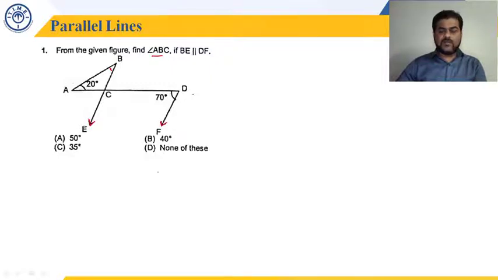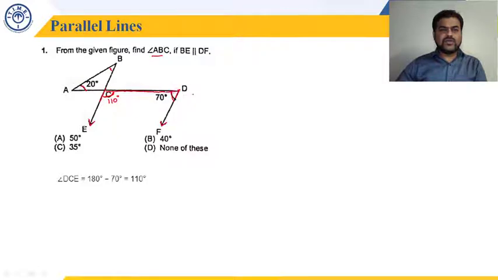Okay, fine. So they have given you some angle. This angle is 70 degree and this angle is 20 degree. So angle DCE, DCE means this angle. This angle will be equal to 180 minus 70, which is 110. Why? Because these two are parallel lines and this is a transversal.